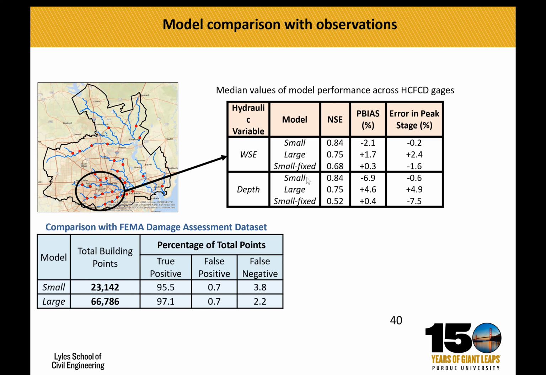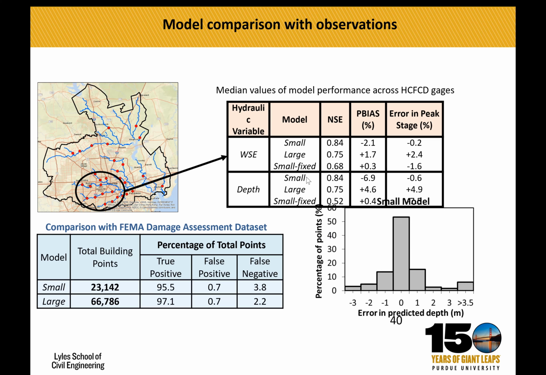And then we also compared, so we don't just want to estimate accurate stream flow, we want to estimate accurate inundation depth. We compared our depth with what was measured by some agencies, and the histogram here shows that our predictions were accurate. So this 0 means our prediction matched exactly with what was observed with inundation.